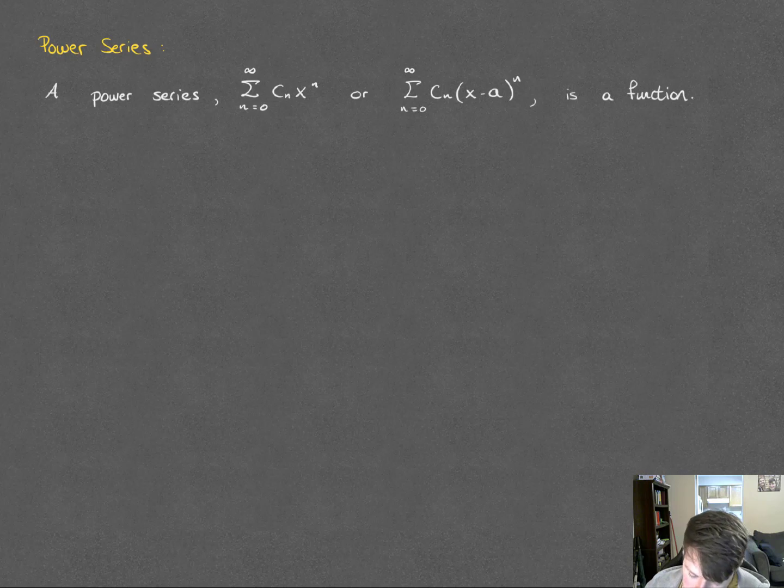So if I had c_n (x minus pi)^n, that would be a power series we would say is centered at pi. So the sum of c_n x^n is a power series centered at 0, because x is equal to x minus 0.